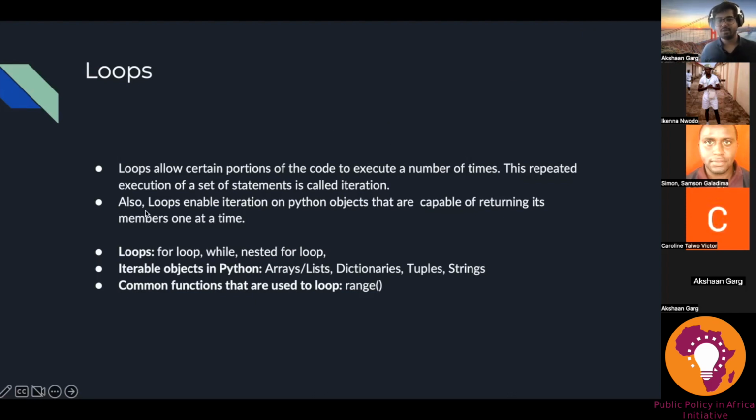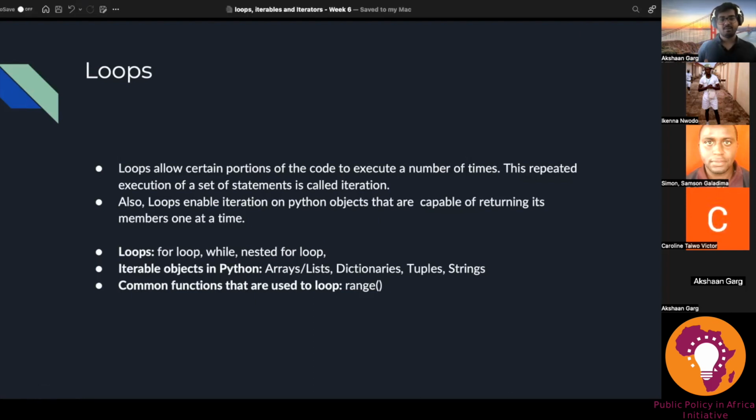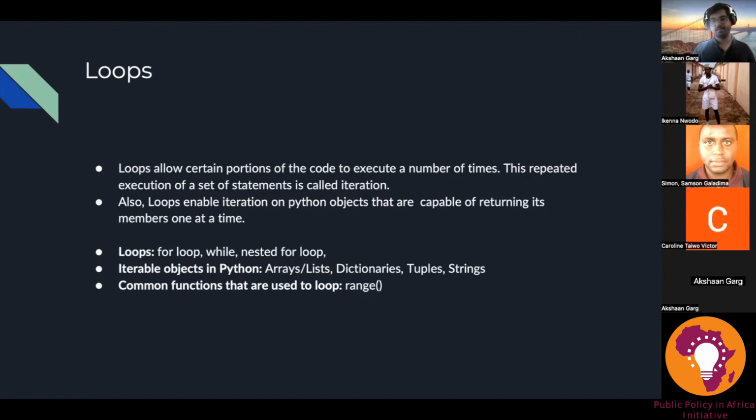So also loops enable iteration on Python objects that are capable of returning more than one member at a time. So who can tell me about Python objects or data that can return more than one member? What kind of data has more than one member? Any guesses?